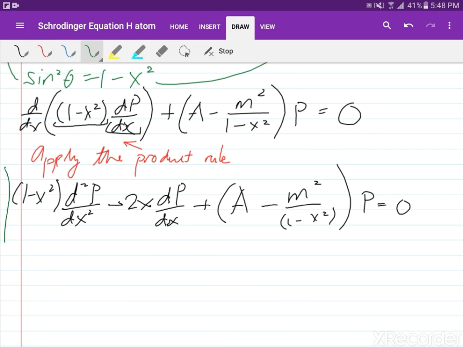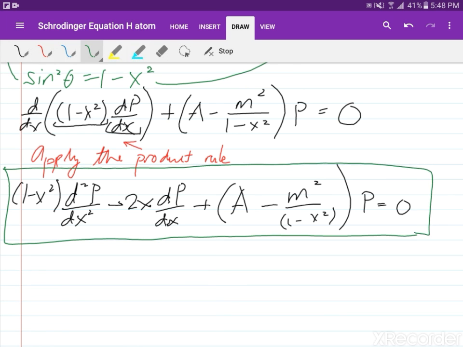And now this is a differential equation with a known solution. So this differential equation can be solved by Legendre polynomials, P.